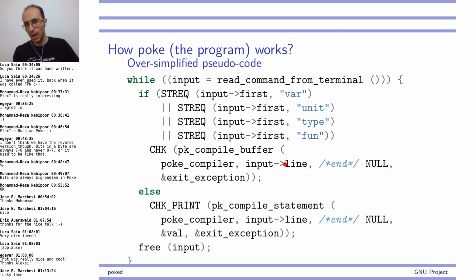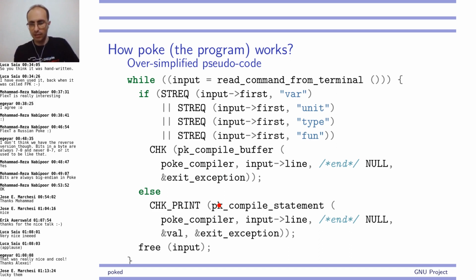We give the whole line to it. Don't care about this part. If an exception happens at the level of the poke language, this value will be filled for us, so we can check. Actually, the check macro should do that.